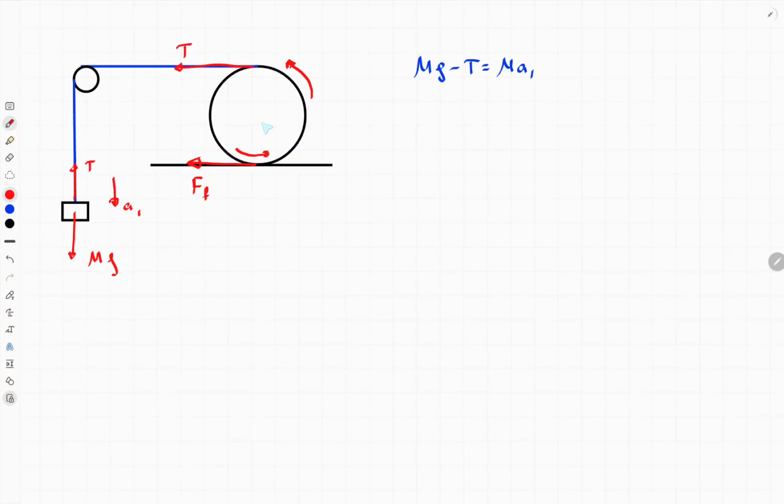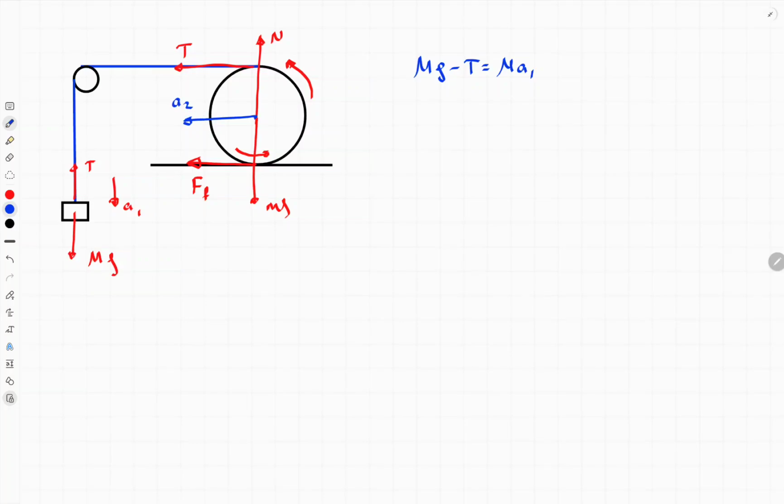Of course we have a weight and a normal force. Let's draw it here. And the center of this cylinder will move to the left, of course, because it's rotating to the left.